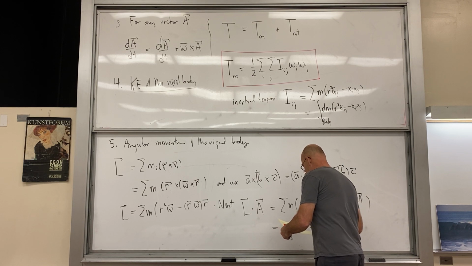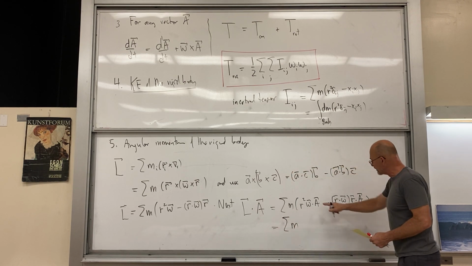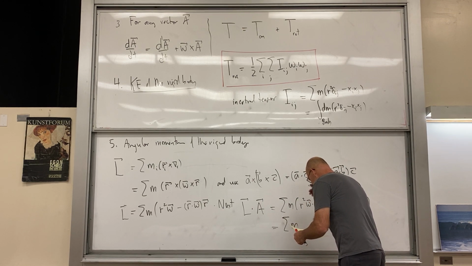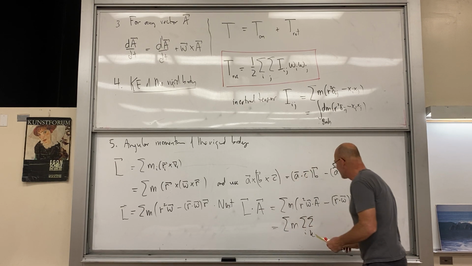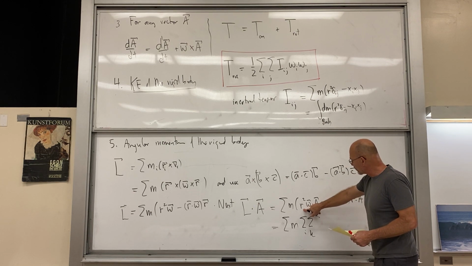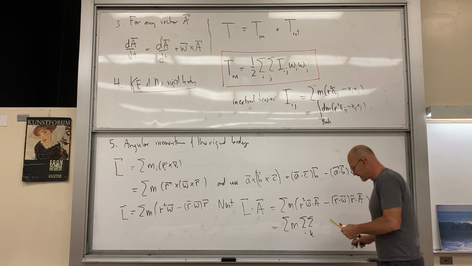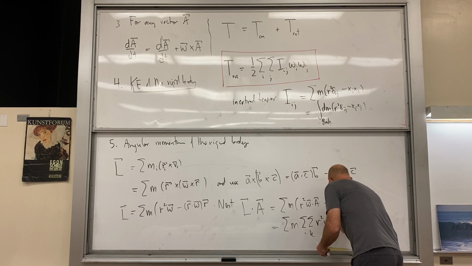So I have the sum over m, and now I'm going to have the double sum for these two vectors here. So I have the sum over i and k, and this r squared will be the xi squareds with a Kronecker delta. So I have r squared omega i a k delta ik.